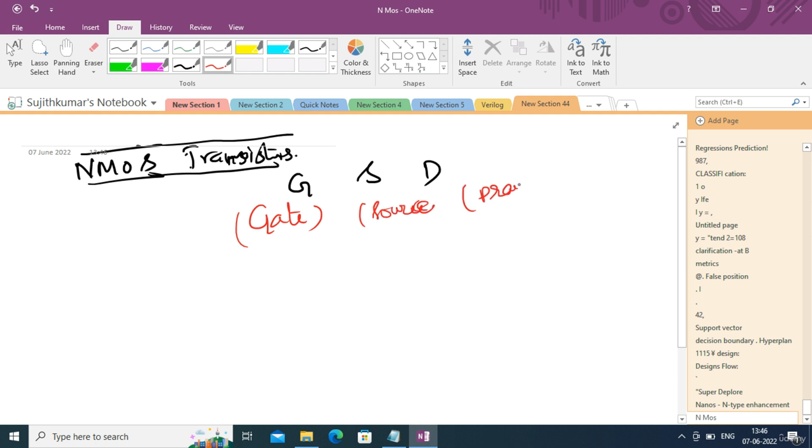Apart from which there is one more terminal which is called as a substrate terminal, called SS, and the source and substrate should be at the same potential. That has to be noted down. Okay, carefully, source and substrate should be at the same potential, so that they together become as a single terminal. So eventually you will be having three terminals only, right?